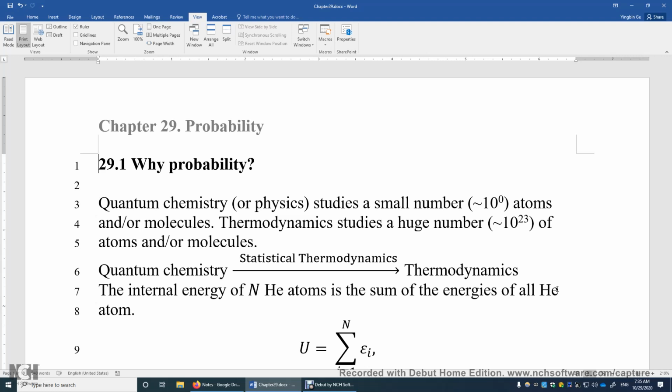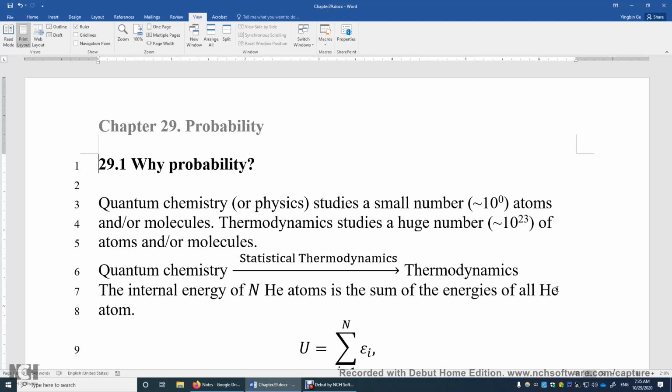Let me give you one example. Let's say we have 1 billion molecules. They occupy 2 different energy levels. And we can use quantum chemistry to compute these 2 energy levels and the corresponding probability.